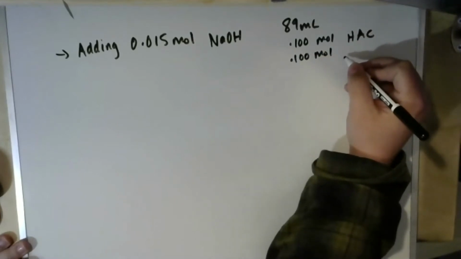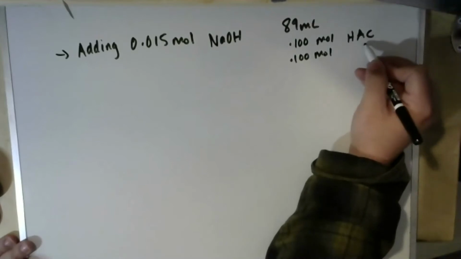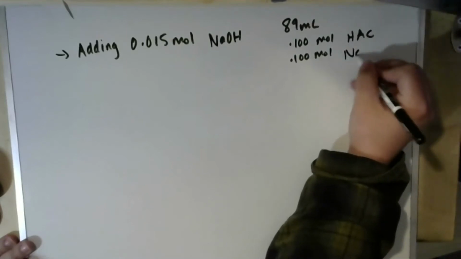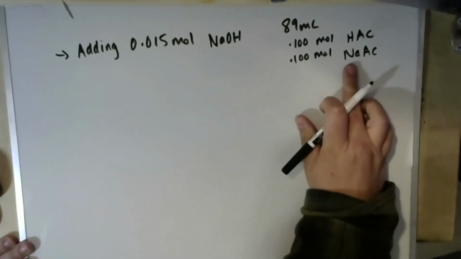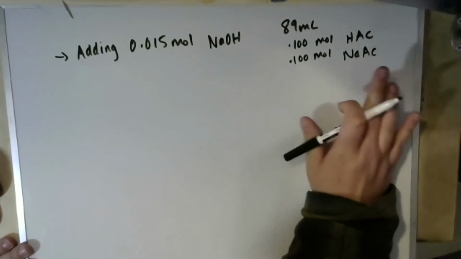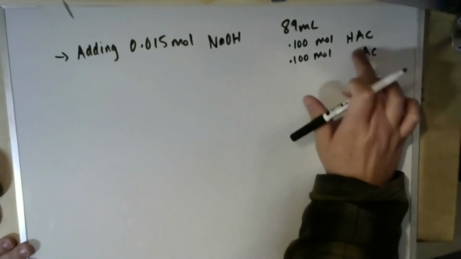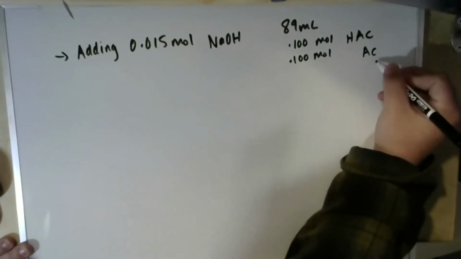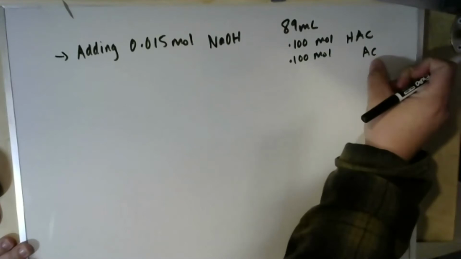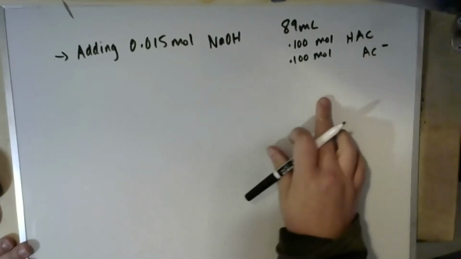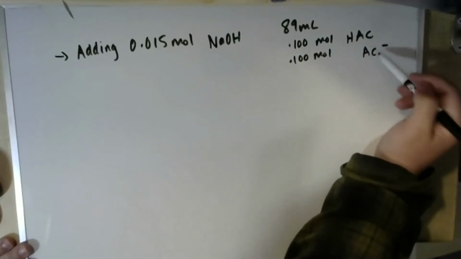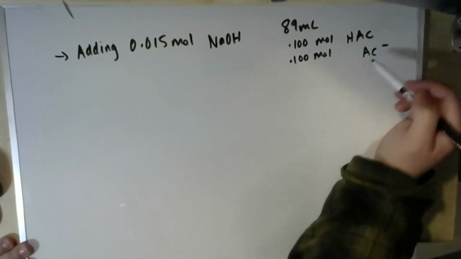And we're going to focus specifically on the conjugate base portion of that. If we have sodium acetate, we know that the sodium ion is going to be neutral, so it's not going to take part in any kind of acid-base reaction. But the acetate anion is a basic anion, and it's a conjugate base of acetic acid. So these are the two components that make up this buffer that we're looking at.